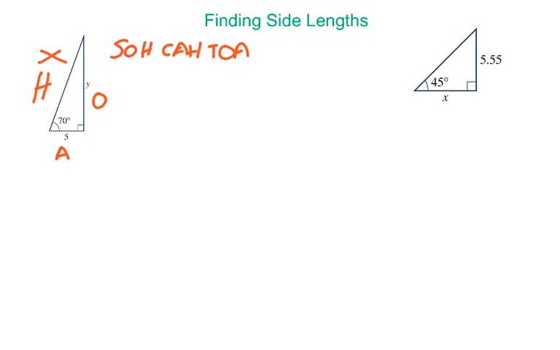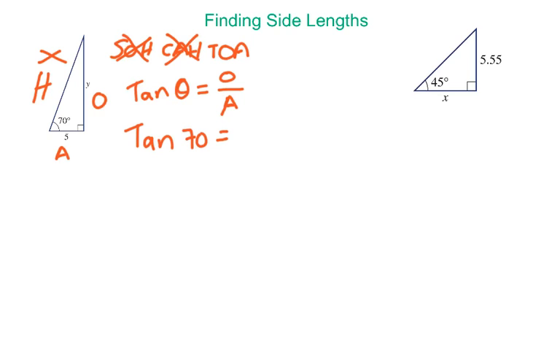Anything with the h in it for the hypotenuse will be unuseful to you. So that leaves me with tan theta is equal to opposite over adjacent. Like any rule, I'm now just going to replace my letters with the information I have in the diagram. My theta is 70, so it becomes tan 70 is equal to y over 5.